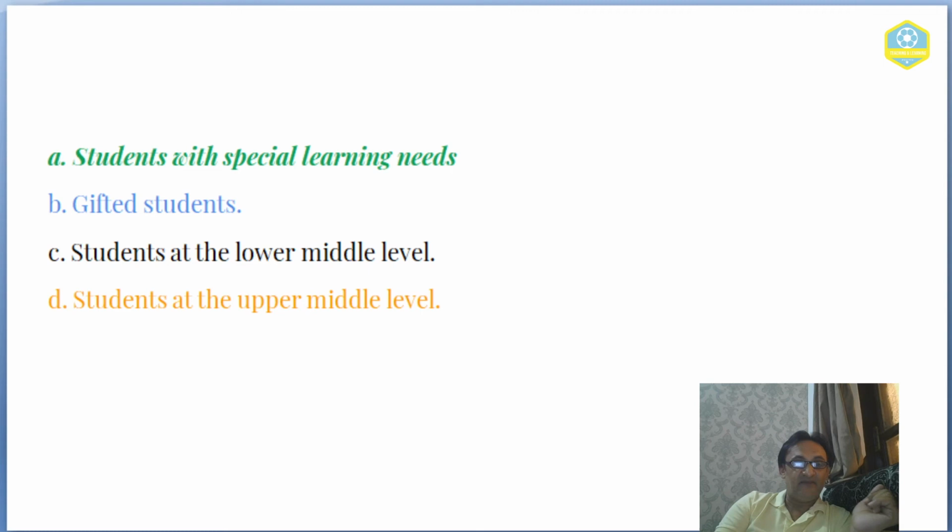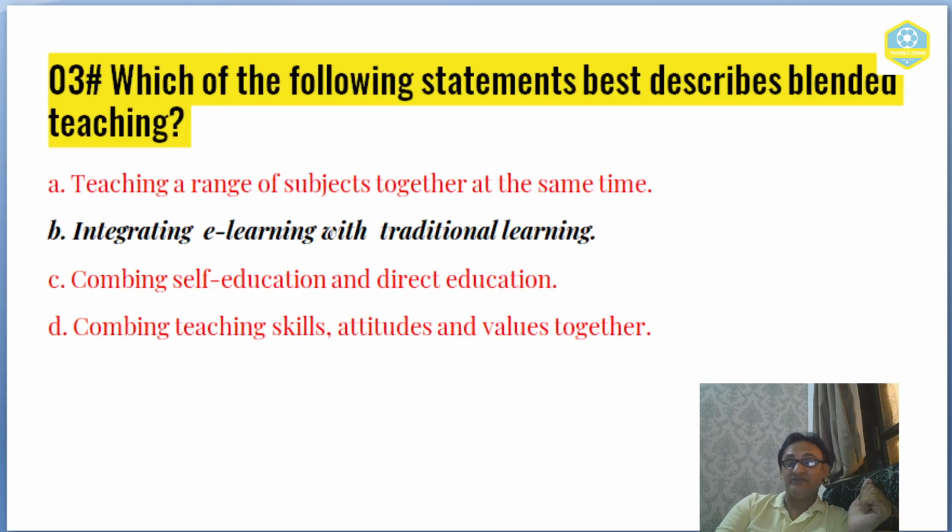So A is the answer for that. So be careful. Now question number 3 and the last question of today's video. Which of the following statements best describes blended learning? Now the blended learning concept is famous these days due to COVID-19, and the e-learning concept also became famous during COVID-19.